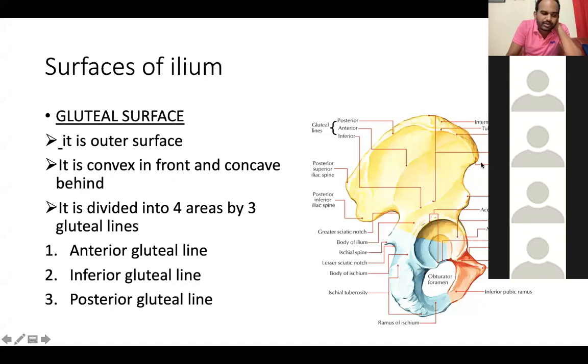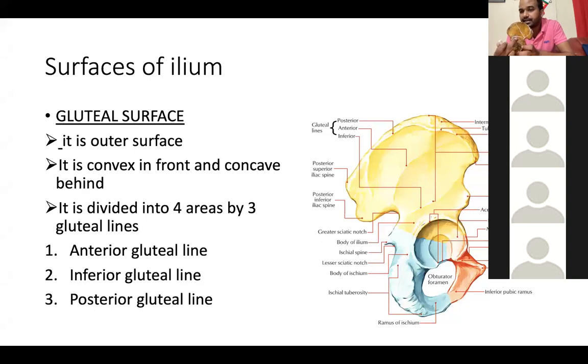Now here, most of you do not get confused. See, this is the posterior gluteal line. This is the anterior gluteal line. This is the inferior gluteal line. The most anterior line is not the anterior line.